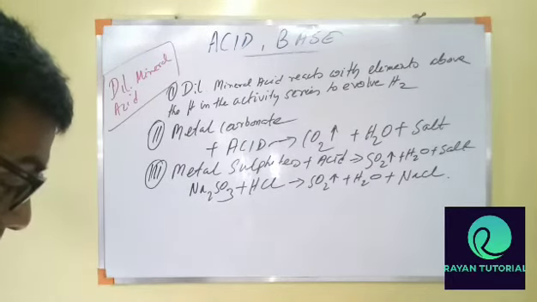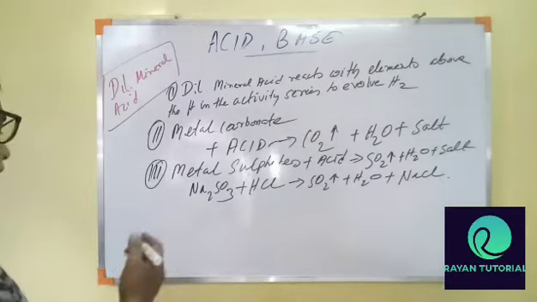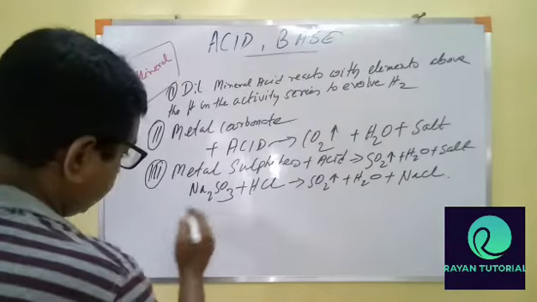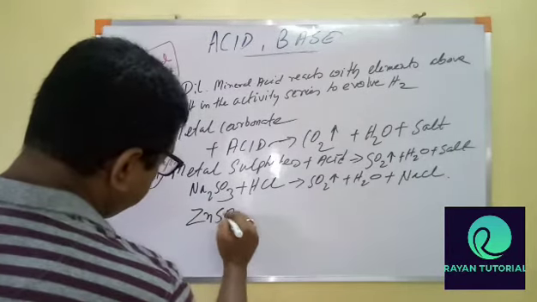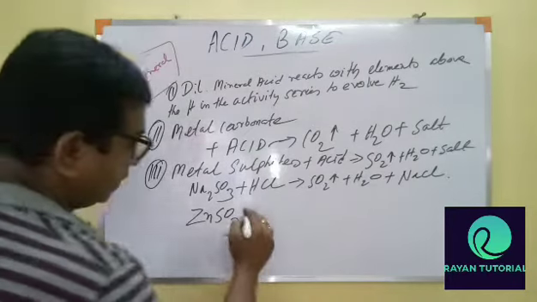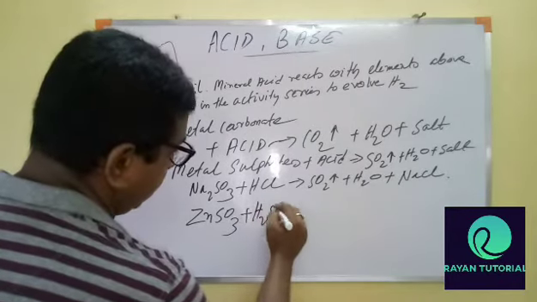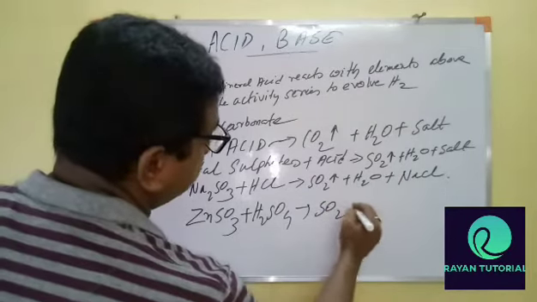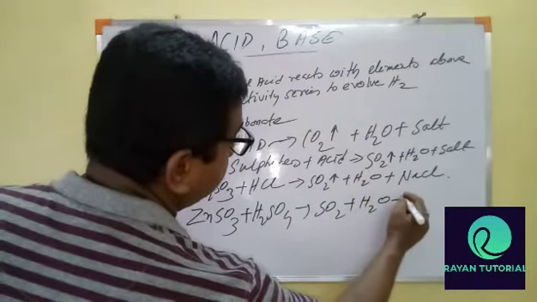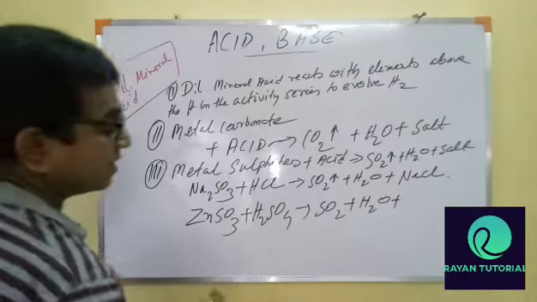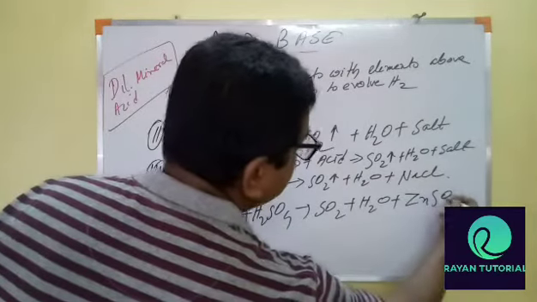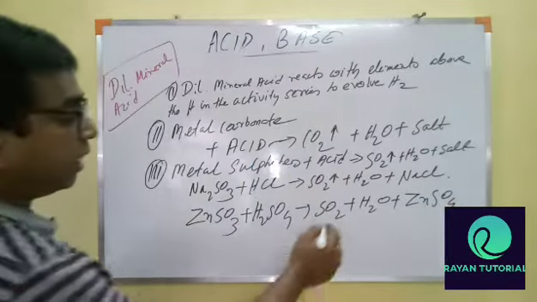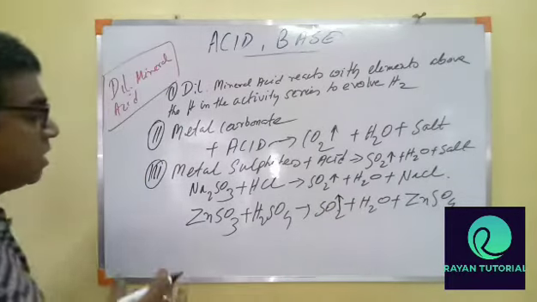What else? Zinc sulfide. Let's take zinc sulfide plus H2SO4. This gives 100%. These two will remain constant. So zinc and sulfate: zinc sulfate. Clear? Understood?